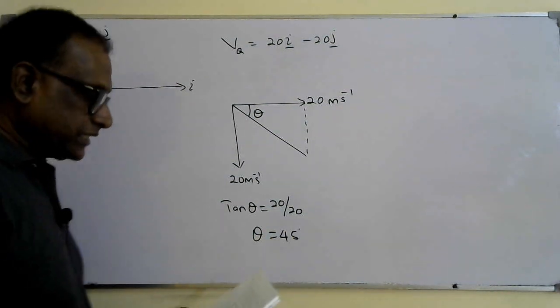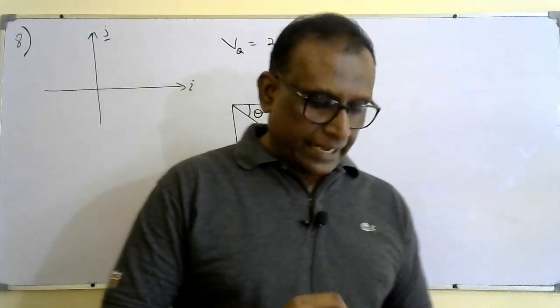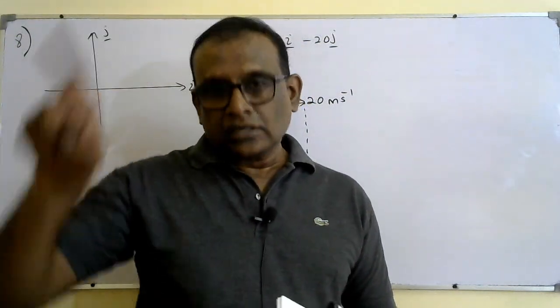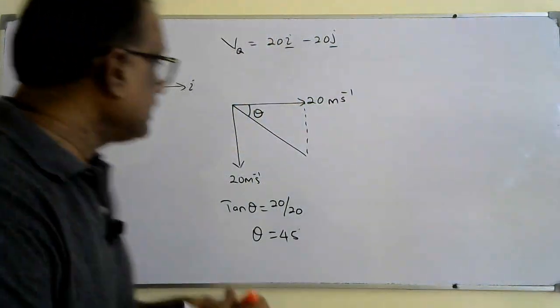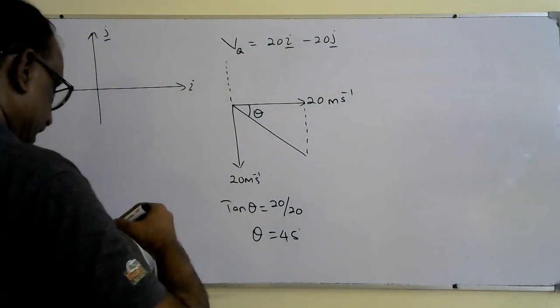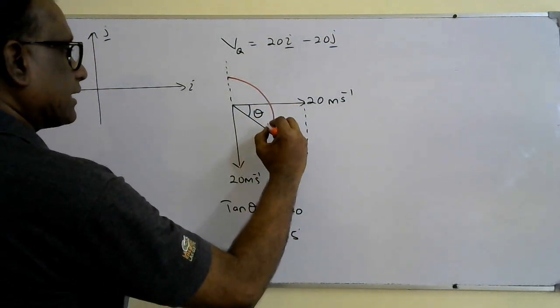The A part question: find the direction in which Q is traveling. Your answer should be in bearing. Bearing means the angle measured from north in the clockwise direction, in degrees. So if I extend this line from north in the clockwise direction, this is the bearing.